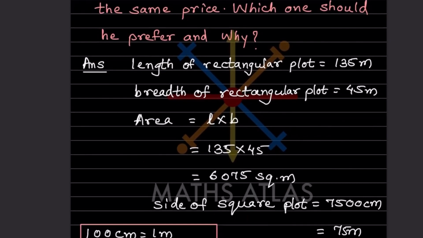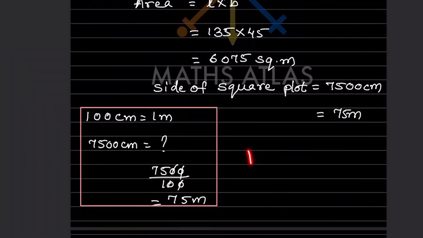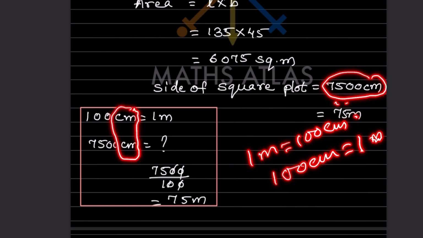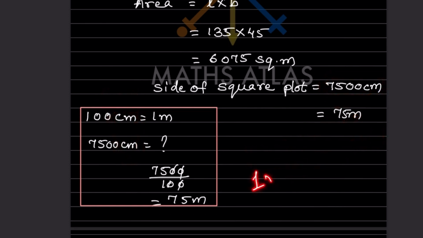Now see here, you can think. In the previous one, I wrote 1 meter is 100 centimeter. And here I wrote 100 centimeter is equal to 1 meter. Anyway, you can write either, but why did I write this? Because this was the convenience. It was easy because we want to convert centimeter to meter, so it becomes easy when you start from the left hand side. I'll show you both ways. If we write 1 meter is 100 centimeter, then 7,500 I'm going to write on this side.